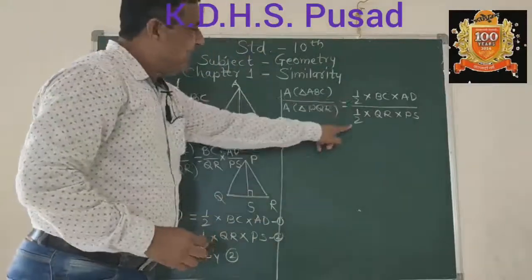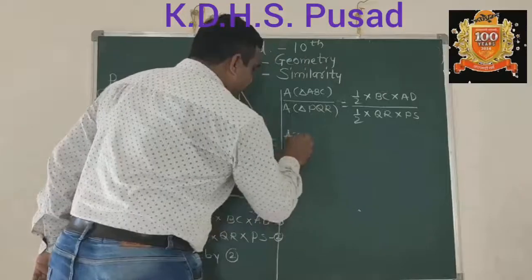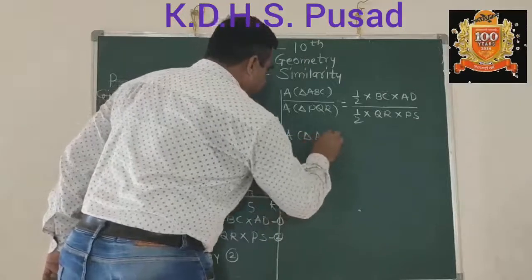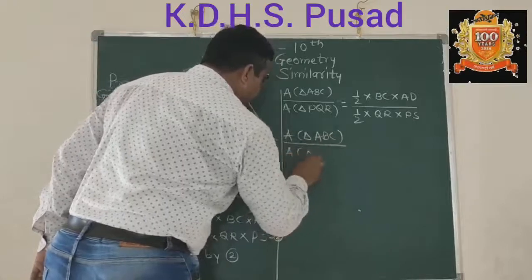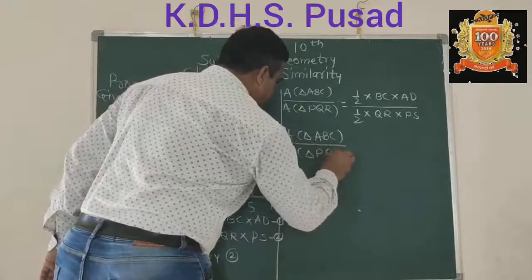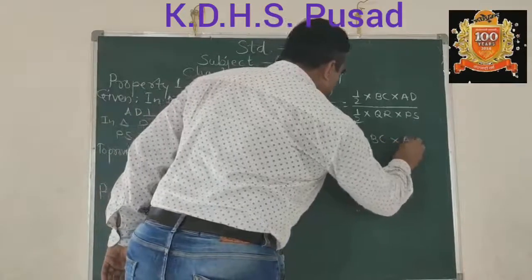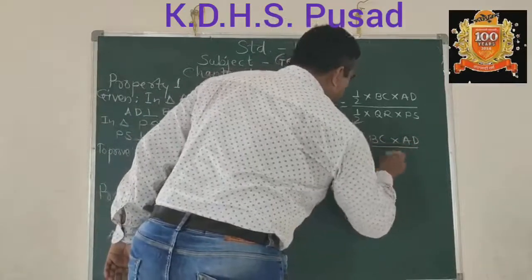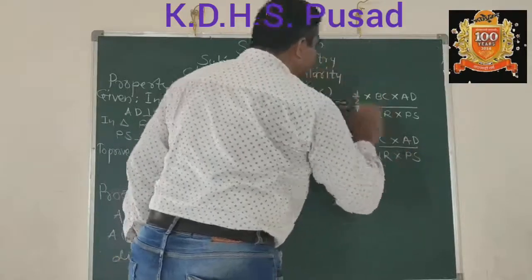This half gets cancelled. So there remains area of triangle ABC by area of triangle PQR is equal to BC into AD by QR into PS.